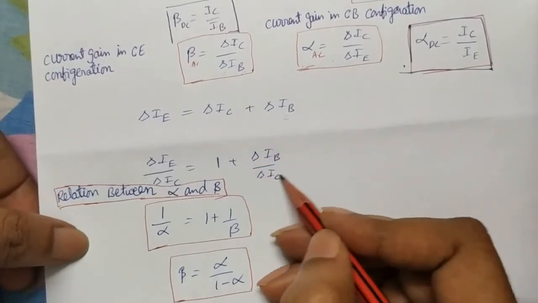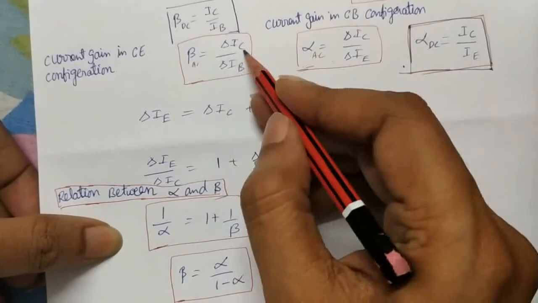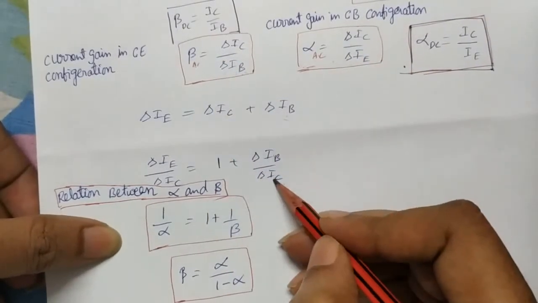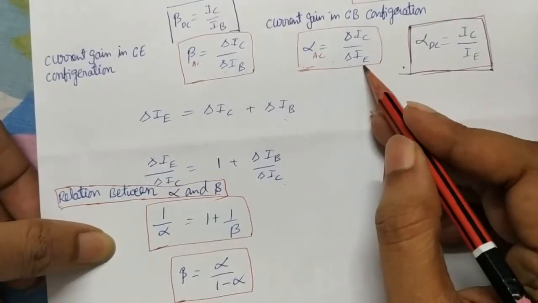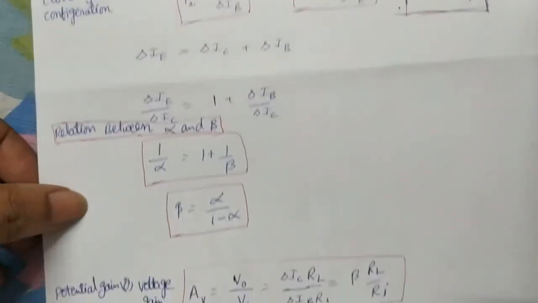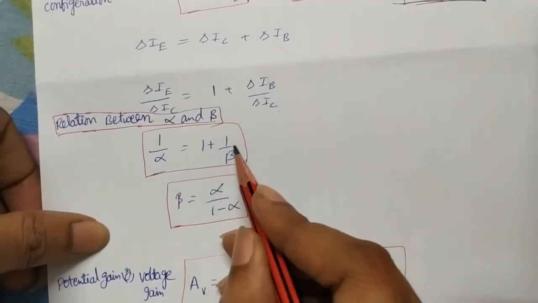This is 1 by beta, and this is 1 by alpha. So the relation between alpha and beta is 1 by alpha is equal to 1 plus 1 by beta.